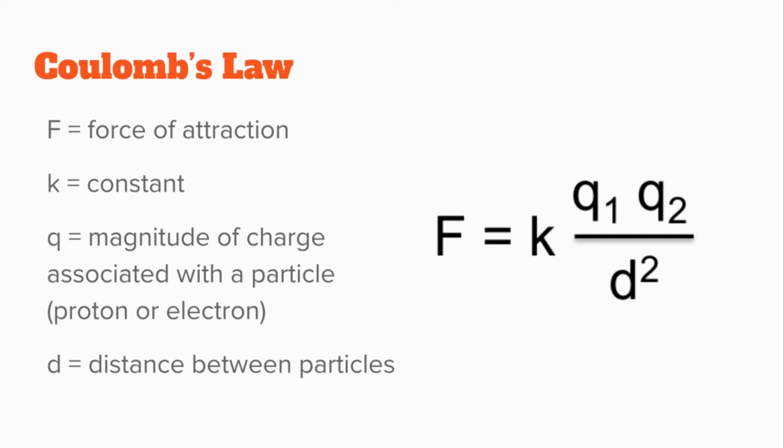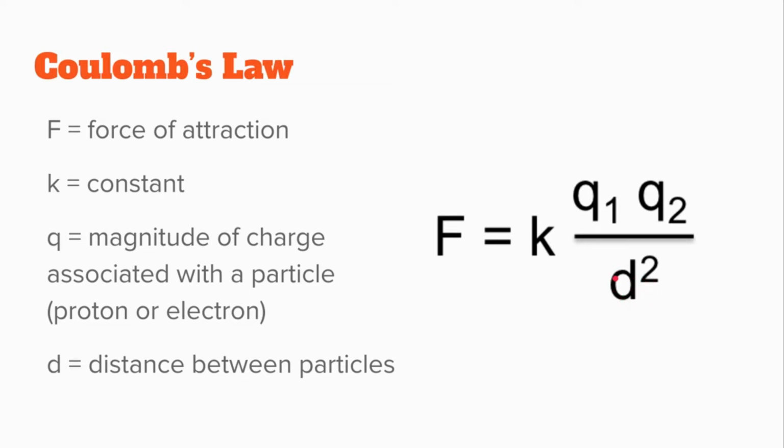However, Bohr was able to look at Coulomb's law, which gives us more specifically this force of attraction based on how far away that electron is from the nucleus. So F here is the force of attraction. k is just some constant. These q's are the charges, so the charge of a proton and the charge of an electron, divided by the distance between the particles squared.